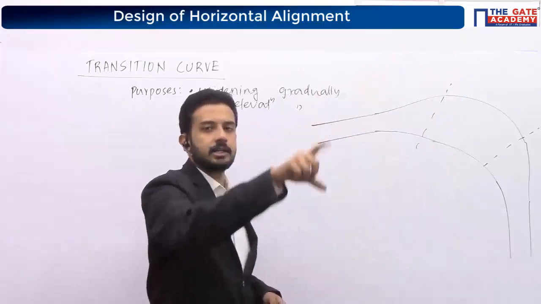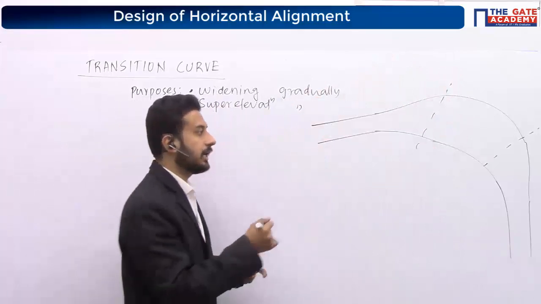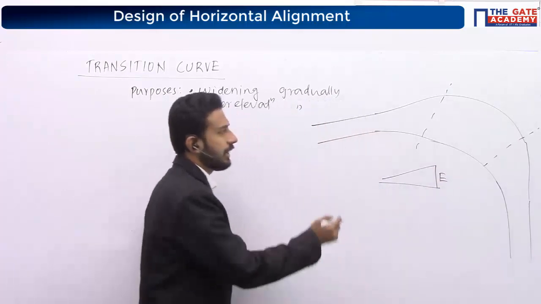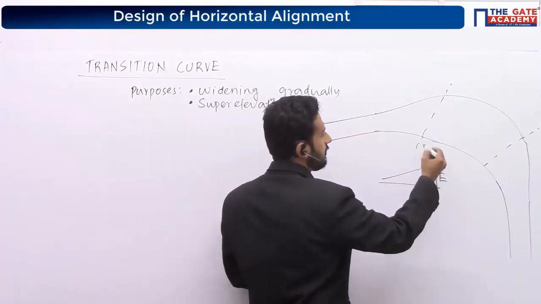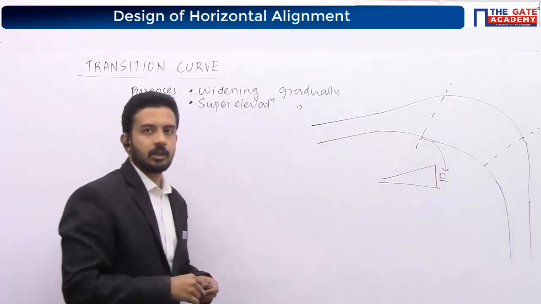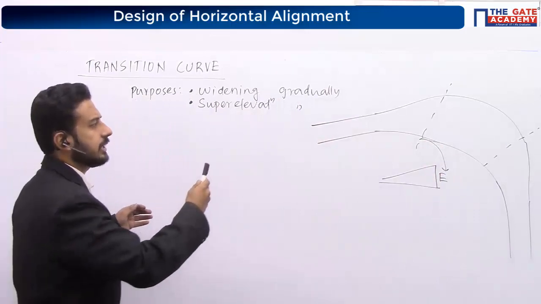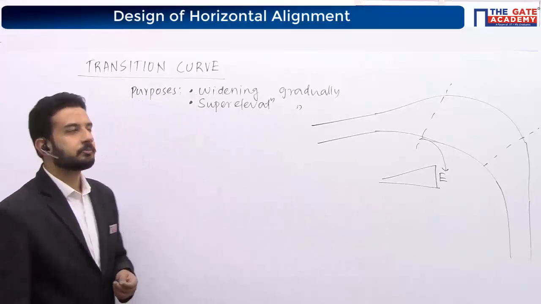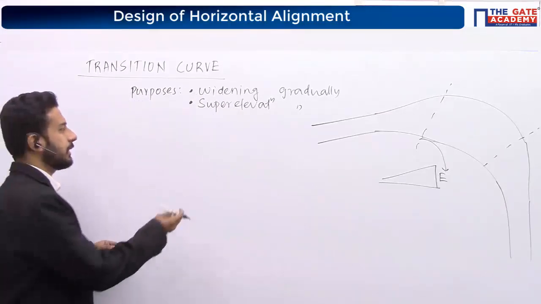Whenever we reach the circular curve, we need the required value, the E value we studied now. At this point we will have this raising, but gradually we increase from 0 to that value. Okay, so that is the next purpose.